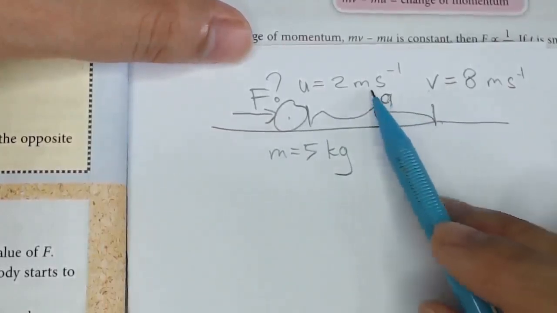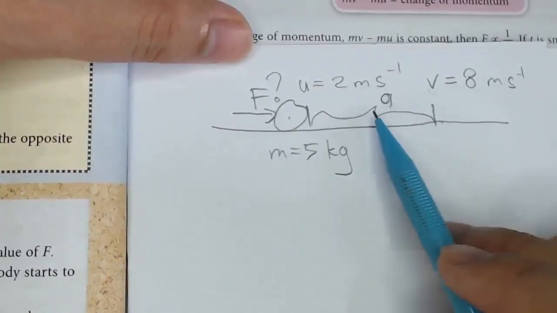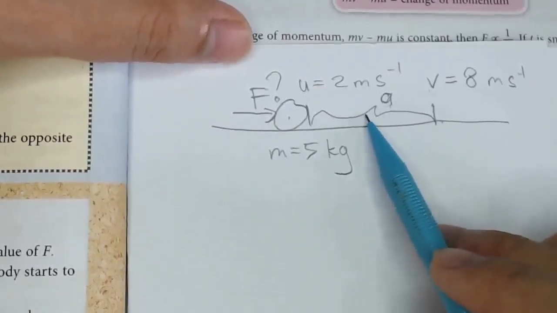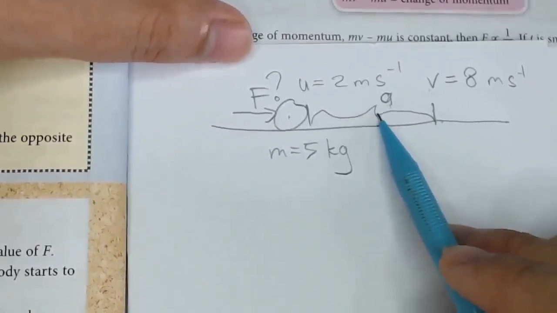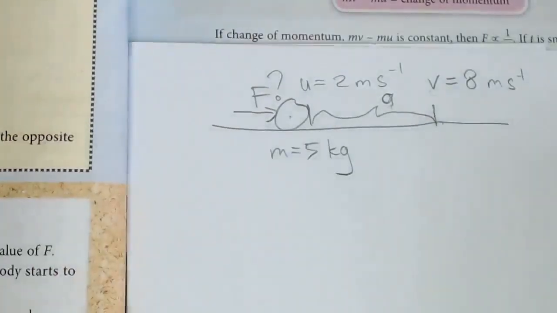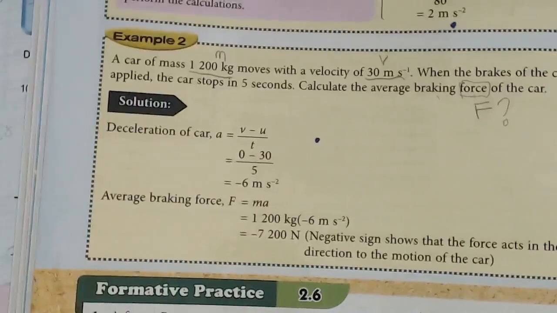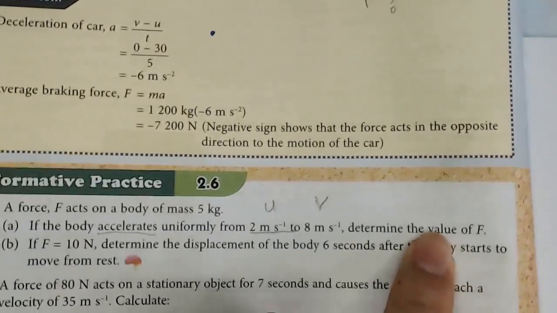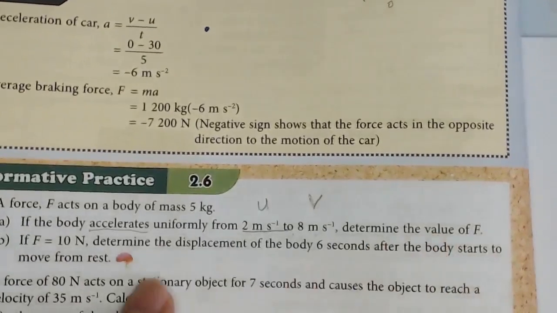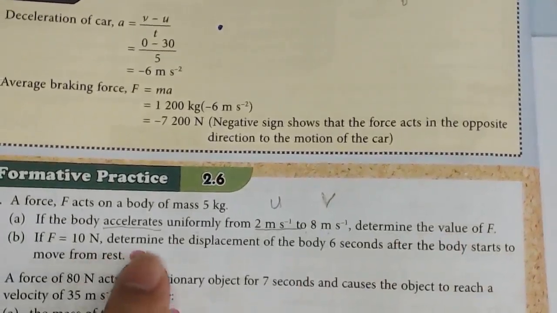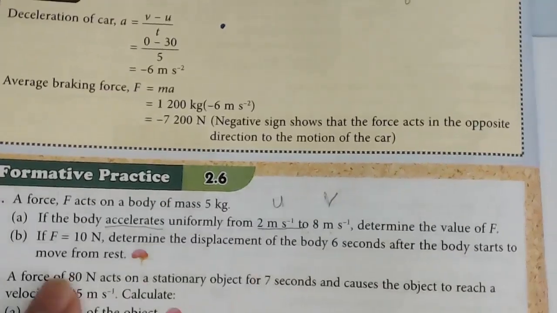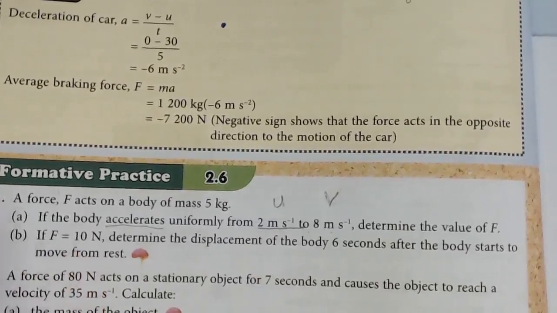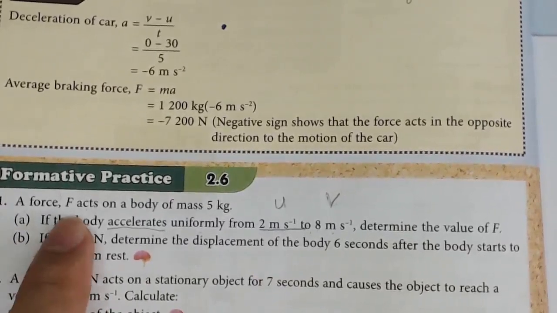So how are we supposed to find the value of A if we do not have enough information? Time. Did we miss something? Another piece of information, the displacement of this B here has nothing to do with it. No extra.